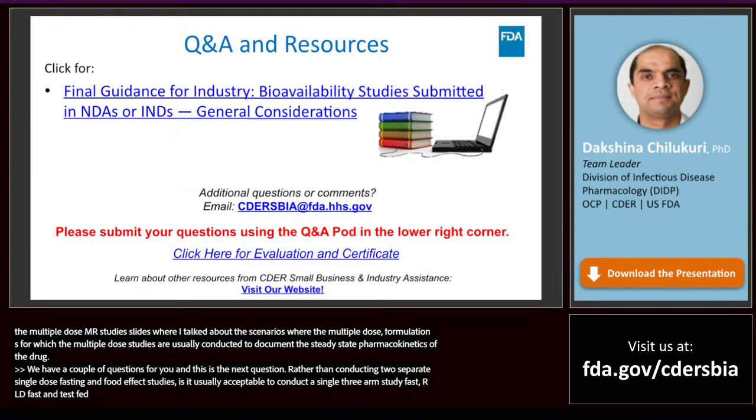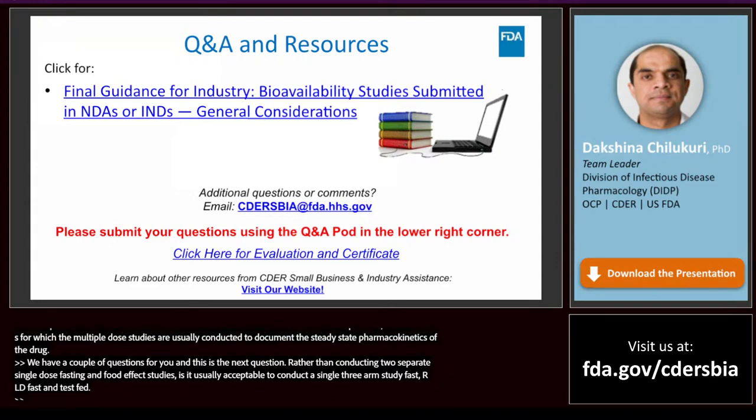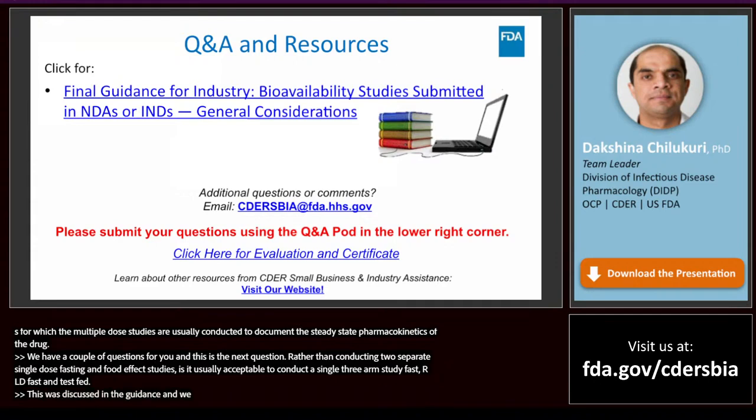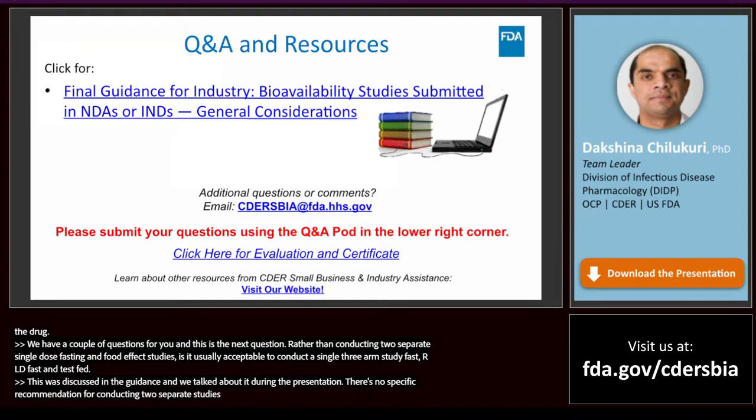Yes. So the guidance recommends, as described in Appendix B of the guidance and the way I talked about it during the presentation, there is no specific recommendation for conducting two separate studies versus a three-way crossover study. It is actually up to the sponsor to decide.